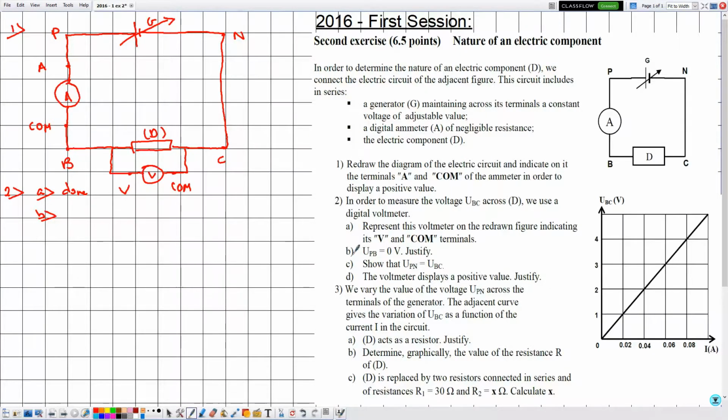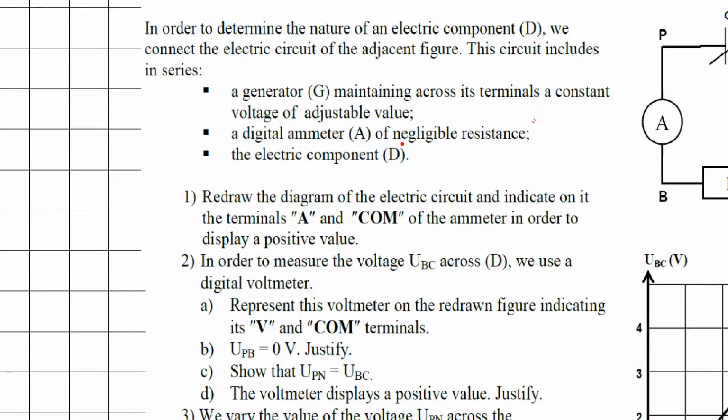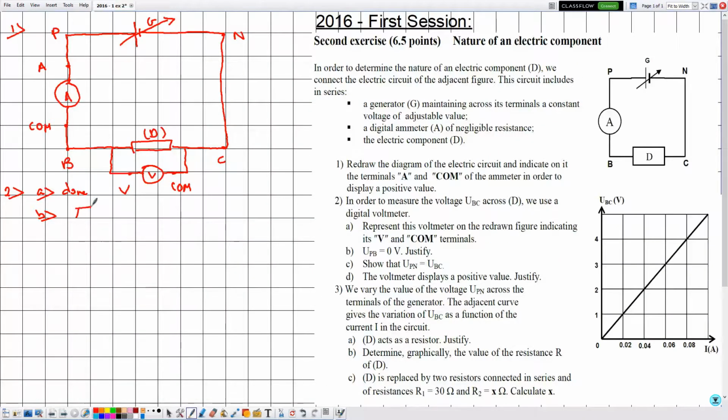Now in part B they are telling me UPB is equal to 0 volt, justify. Across the terminals P and B we have an ammeter, but notice that here the ammeter is of negligible resistance, therefore the voltage across the ammeter is 0 because it is of negligible resistance.